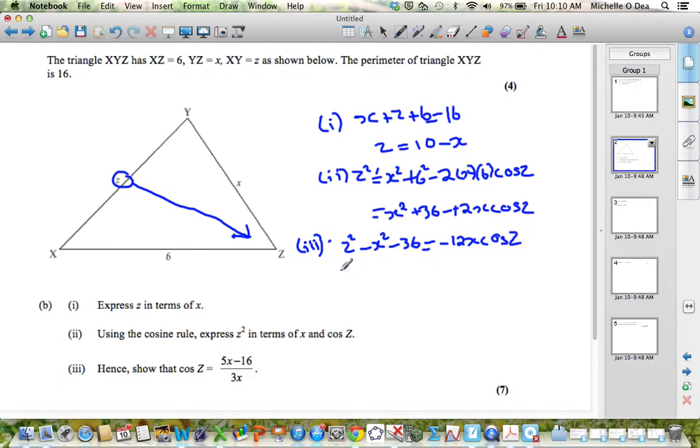And then just divide by minus 12x. So cos z equals z squared minus x squared minus 36, all over minus 12x.